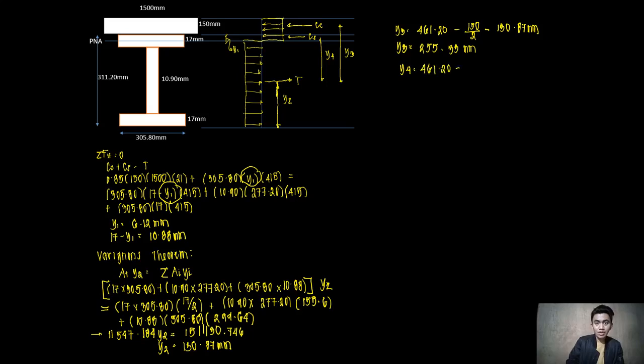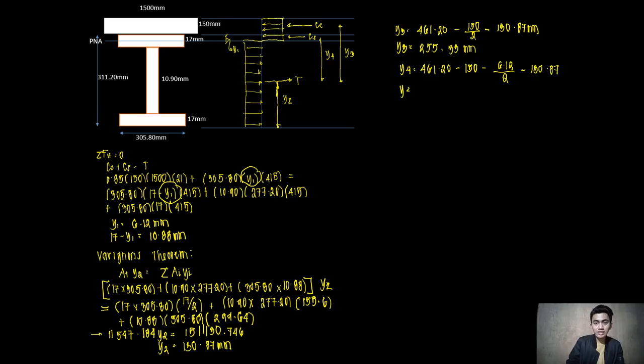And then the last one, y sub 4, is equal to 461.20 minus 150 minus half of y sub 1, which is 6.12 divided by 2, and then minus y sub 2, which is 130.87.